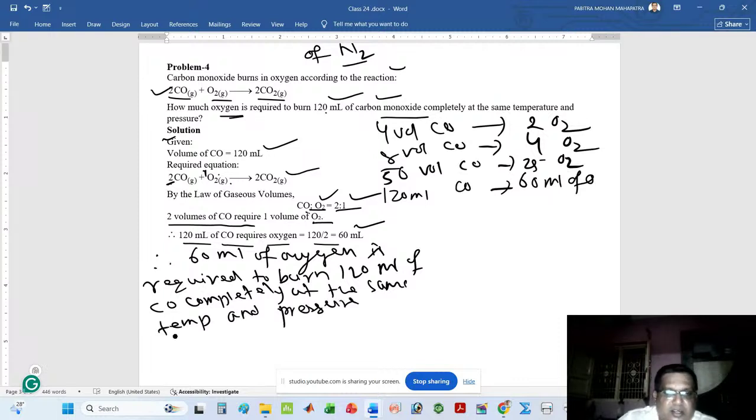Clear? This is the answer. That is, 60 ml is the answer.